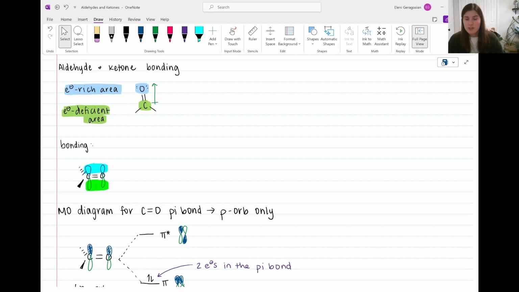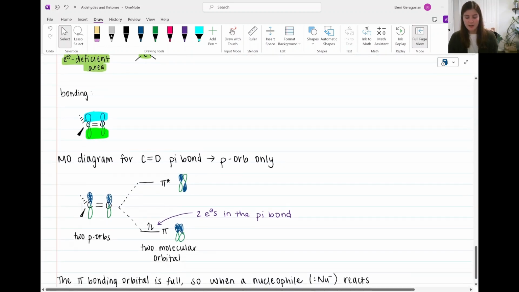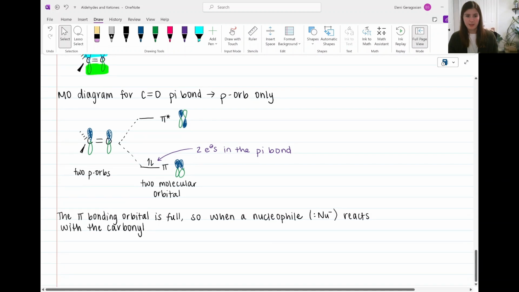The oxygen is already electron-rich, so that's not looking to accept any new electrons from a different molecule. The carbonyl carbon is electron deficient. So if we have a nucleophile present, it will bond at the carbonyl carbon, because the carbonyl carbon is electron deficient and nucleophiles have electrons they're willing to give away.